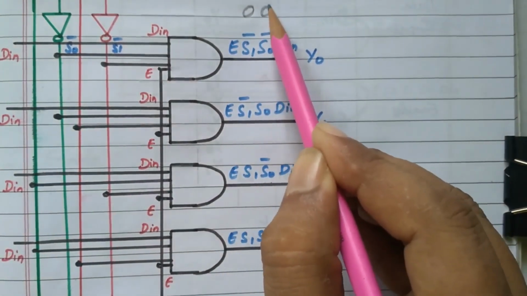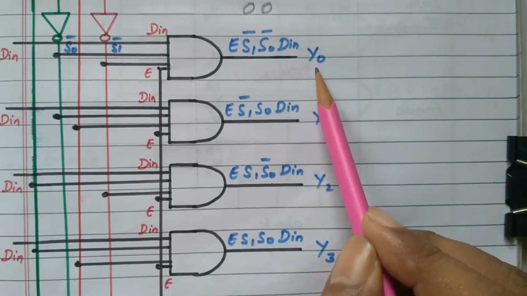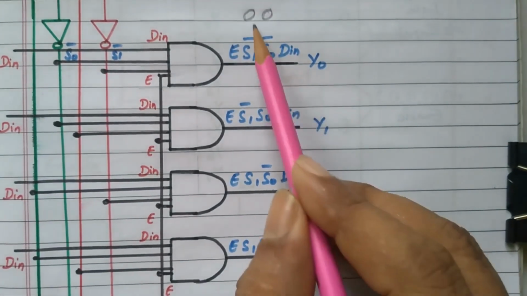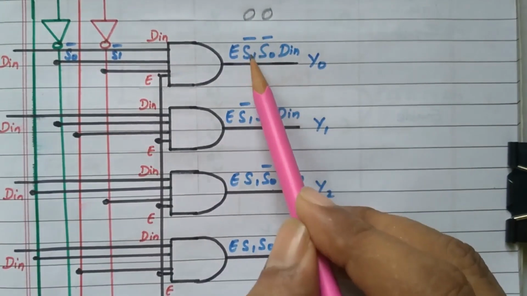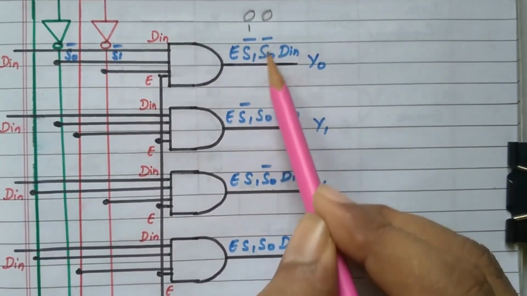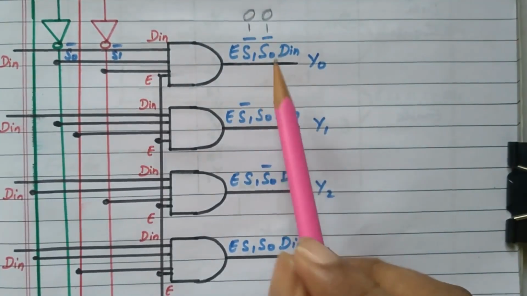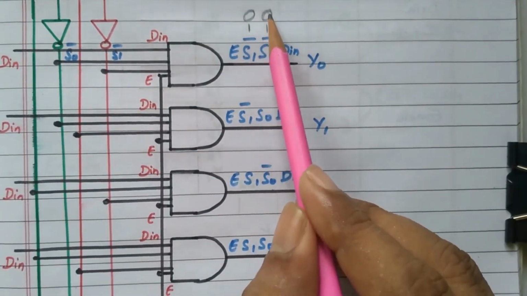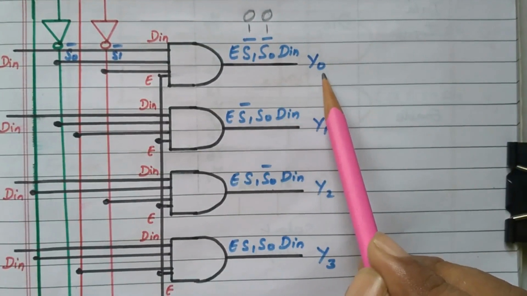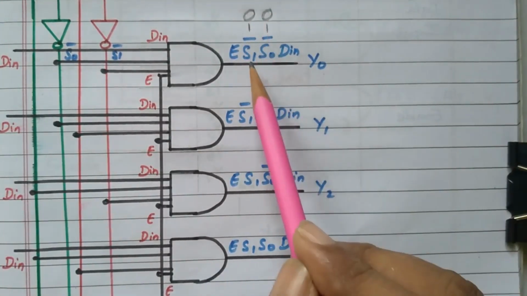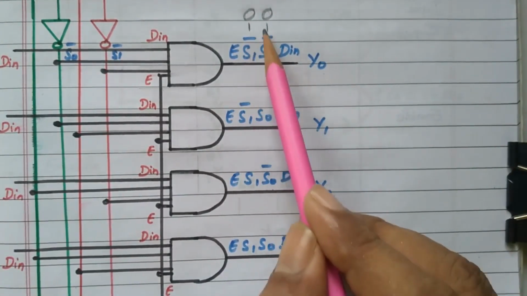The selection line will be 0, 0, which means Y0 will be activated. Right? If it is 0, 0, S1 is 0 so S1 bar will be 1. S0 is 0 so S0 bar will be 1. Right? For selection line 0, 0, we get the Y0 output.